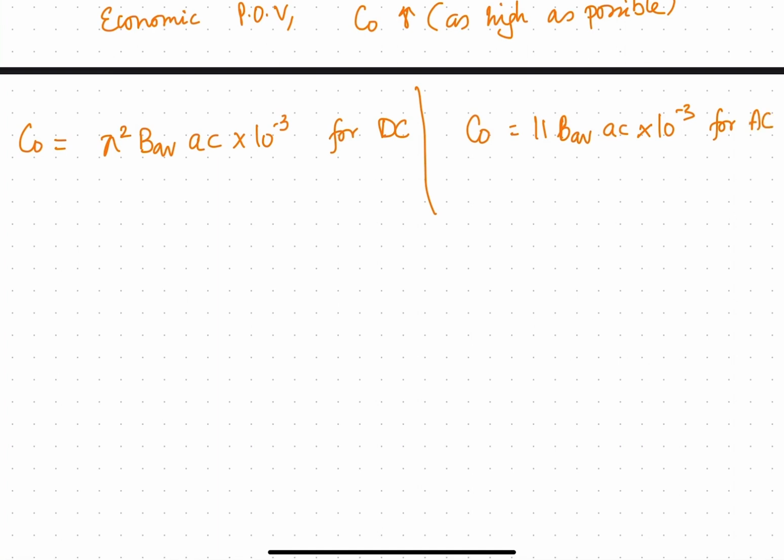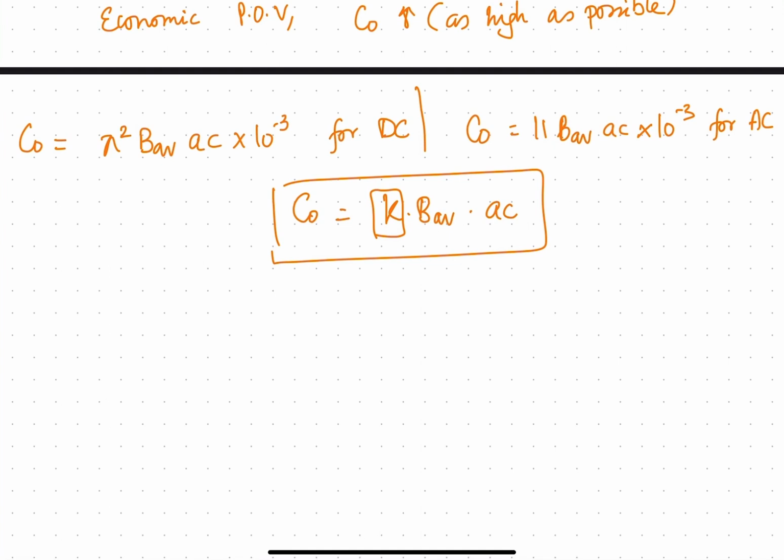Or in general, you can write this C naught as some constant K times BAV into AC, where K is some constant. So this C naught is a product of the specific magnetic loading and the specific electric loading.